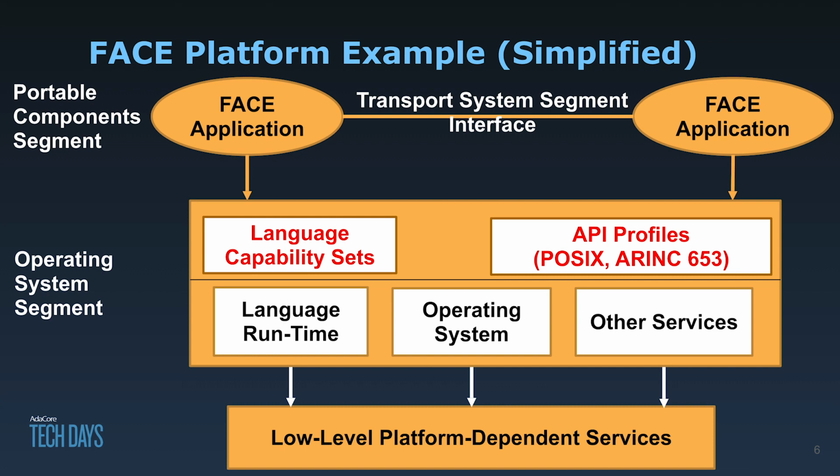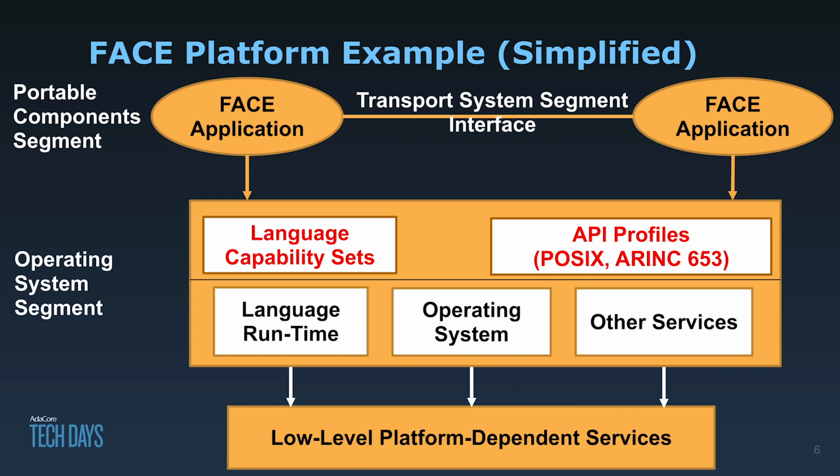You can get those runtime services through various mechanisms. One is through calls on an API. There are profiles defined in FACE for POSIX, and ARINC 653 is also supported. Or it can get runtime services through language facilities. These are known as capability sets. For example, if you want to use concurrency, you can get it by using pthreads, or in Ada, you could get concurrency using Ada tasking.